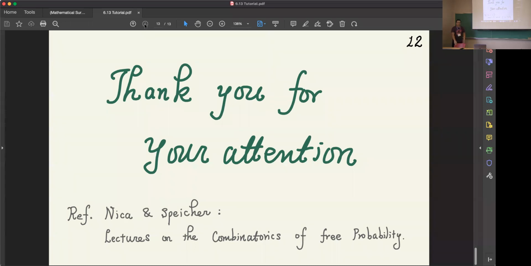Okay, very good. Any other questions? You asked about the convergence rate. Convergence, yes. The rate is of order square root of n.